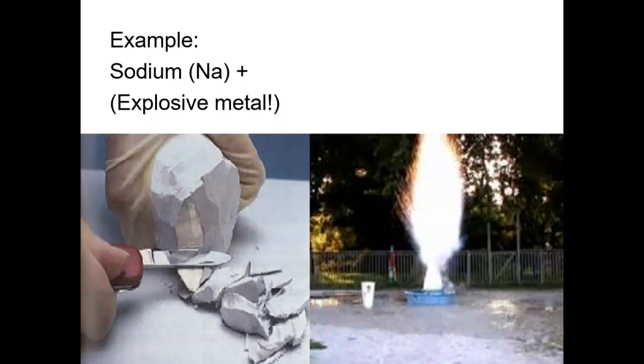So here we have a picture on the left-hand side of some sodium. We've talked about it before, it's a silvery metal, very soft. You can cut it with a knife. It is quite poisonous to human beings, but it is definitely metal.